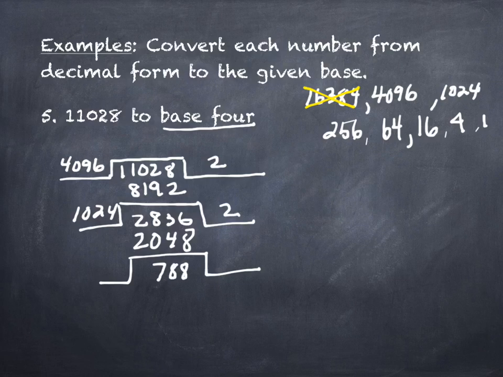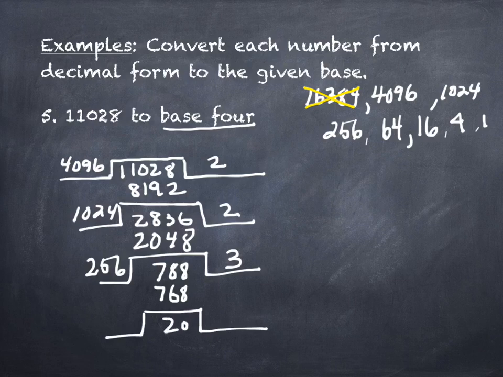The next value down the list is 256. 256 will divide into this fully 3 times. 3 times 256 is 768, which is very friendly because the subtraction is very easy, and I just have the number 20.